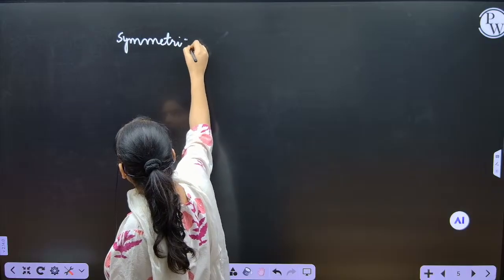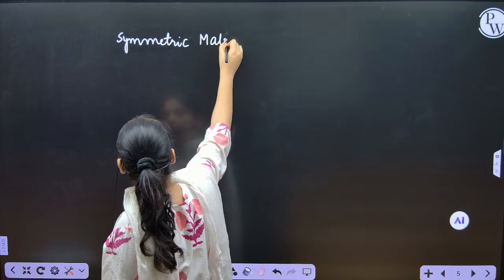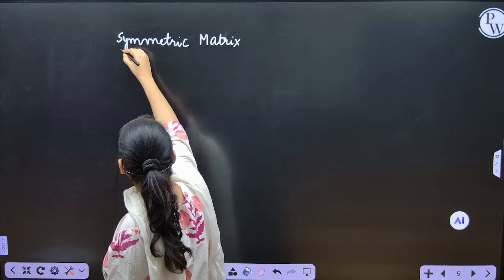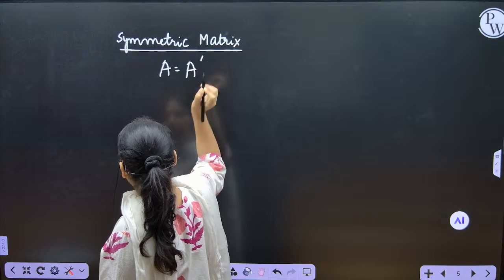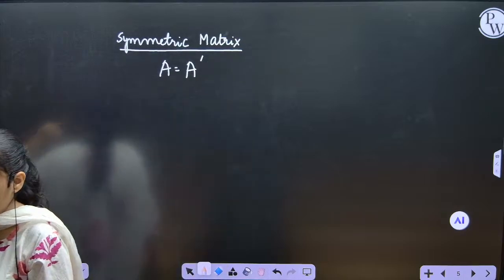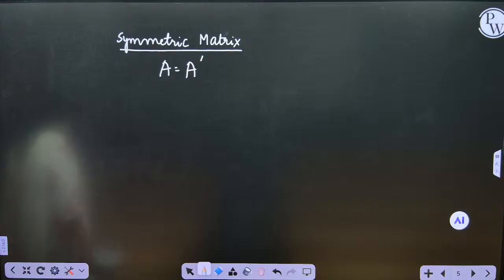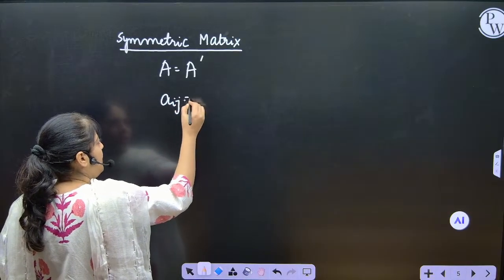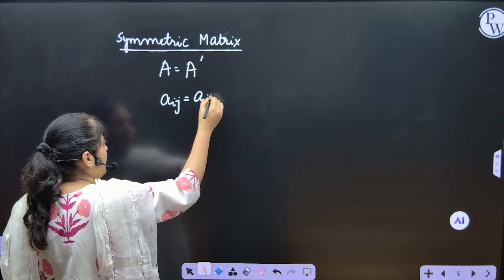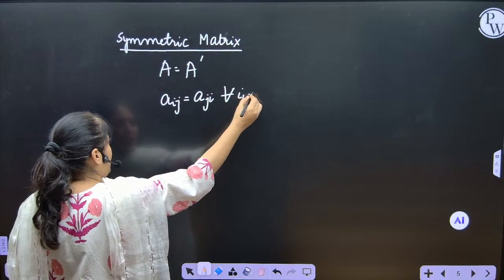A symmetric matrix is nothing but when A is equal to A transpose, then that matrix is a symmetric matrix. One condition is there, that all Aij's will be equal to Aji's for all i and j.